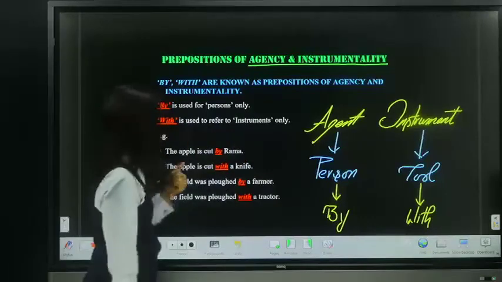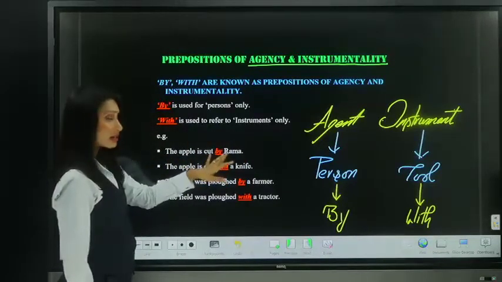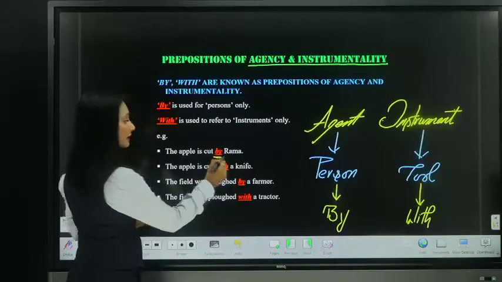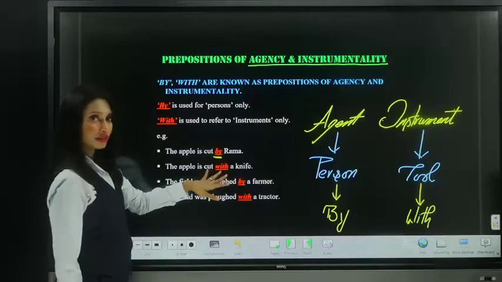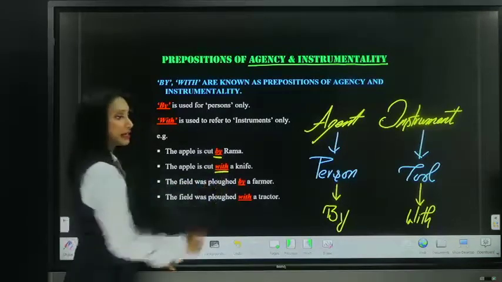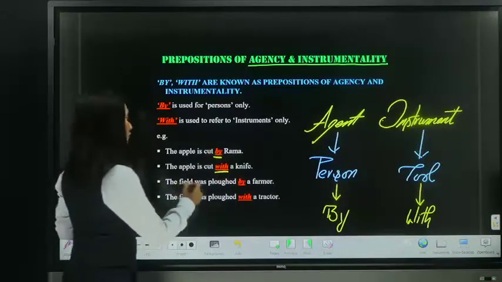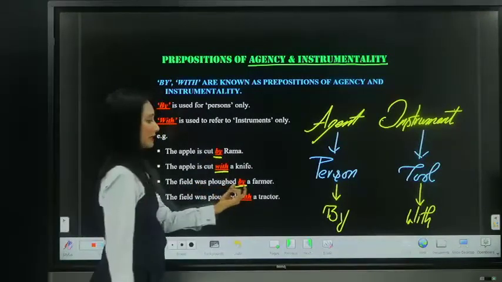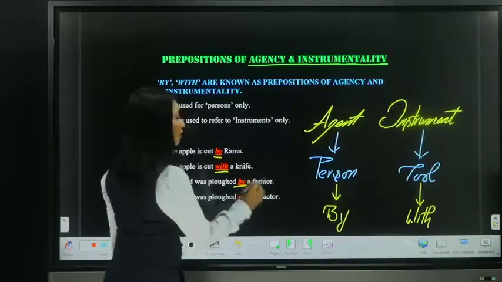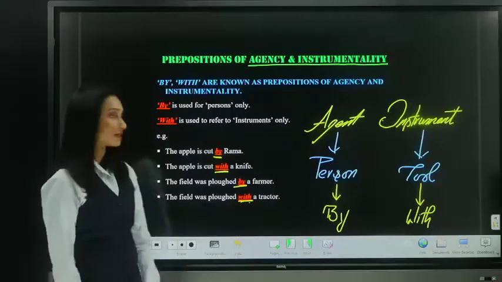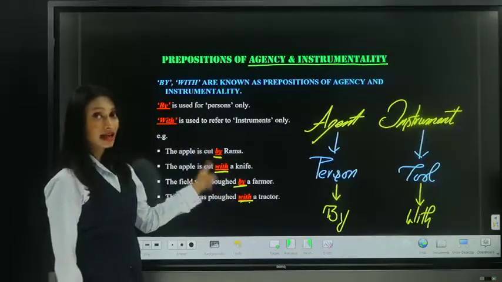Now look at these examples. The apple is cut by Rama. Here by, person. The apple is cut with a knife. It's a tool. By, person; with, knife. The field was plowed by a farmer. The field was plowed with a tractor. So remember, by, person; with, agent or instrument.